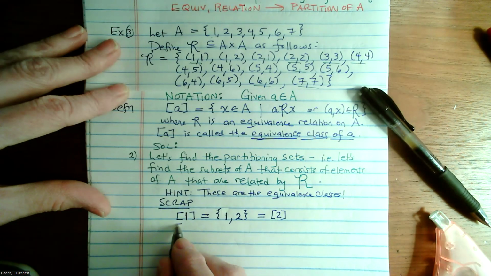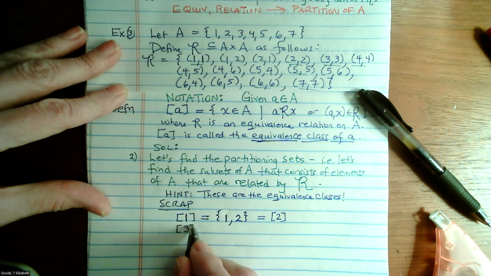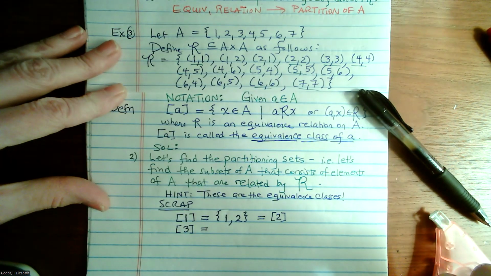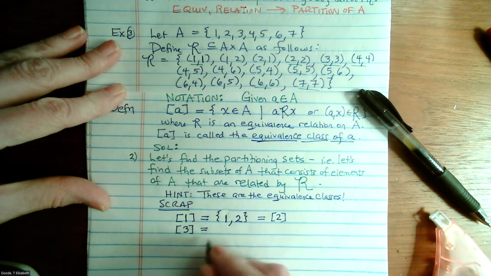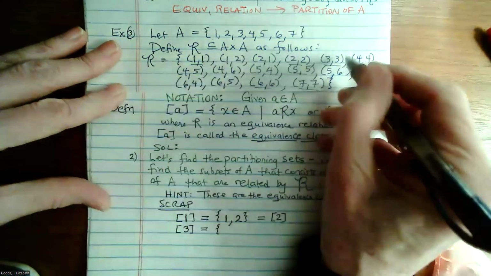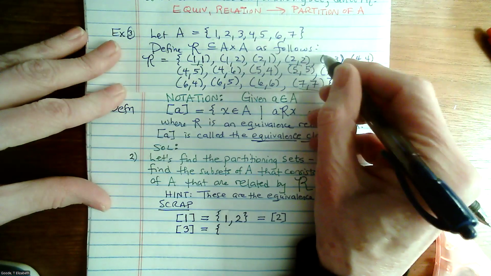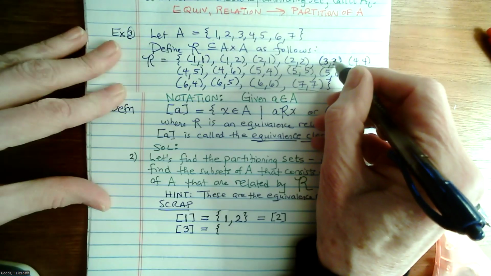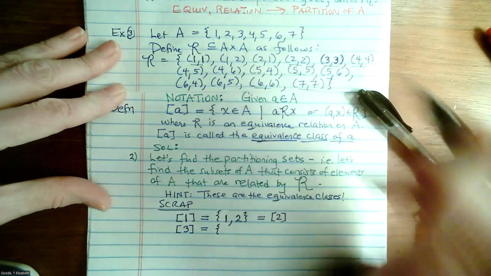Let's look at the next element that we haven't dealt with yet. How about 3? As we scan these ordered pairs, what is 3 related to? What ordered pairs is 3 involved in with other elements or itself? 3. It's only related to itself. It has to be related to itself because symmetry says, hey, 3, 3's got to be in there.